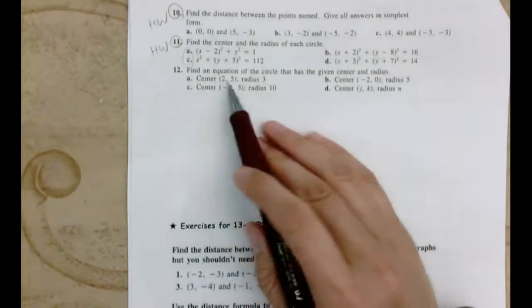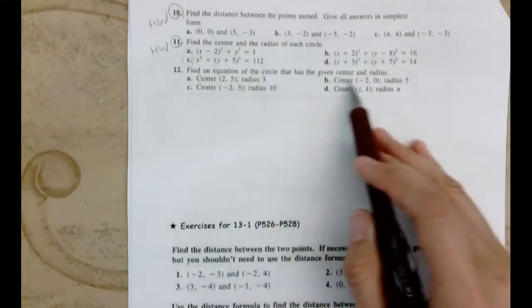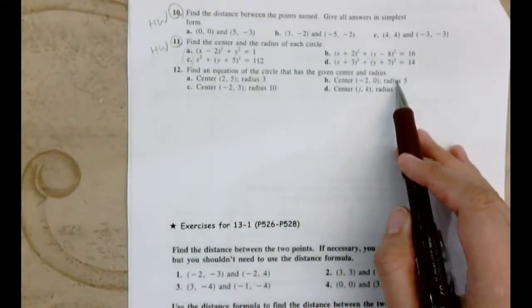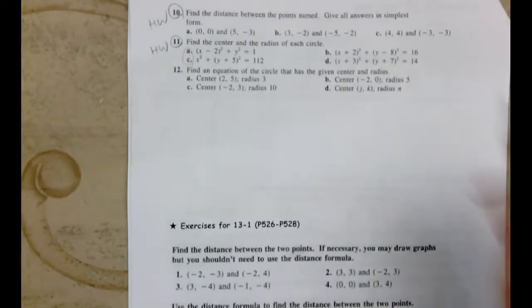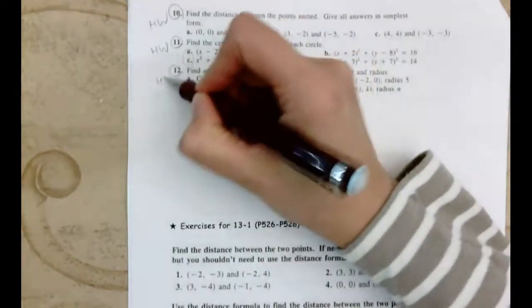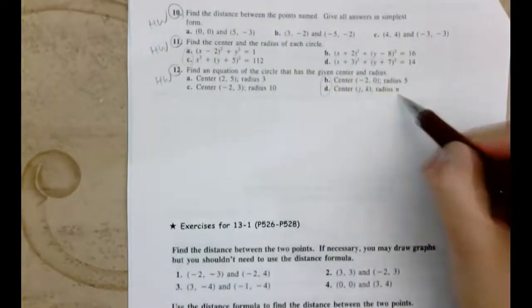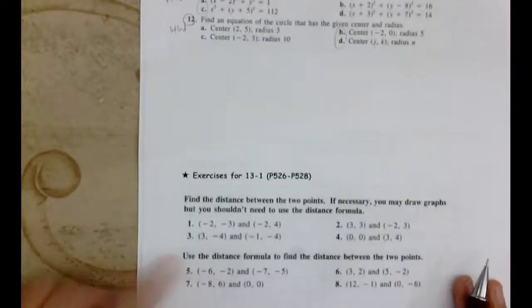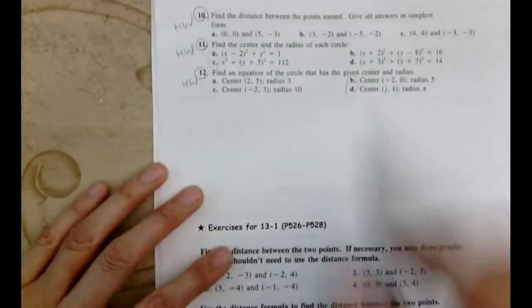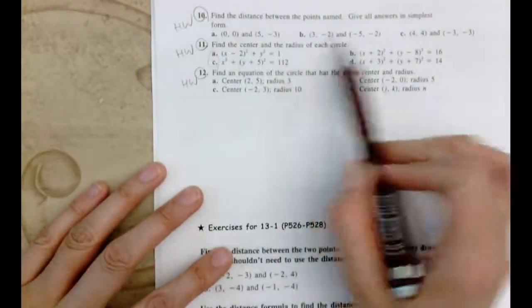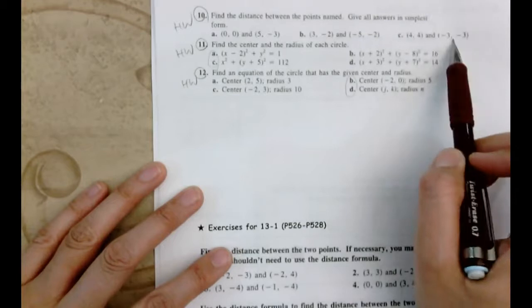Okay, and find the equation of the circle that has a given center and radius. You should do this one, but I'm going to do these two, especially this one has a J and a K and an N. Okay, and I think we can do the rest in the class. So you can do this one. You got the 2 points and you just plug into the formula, so do practice.